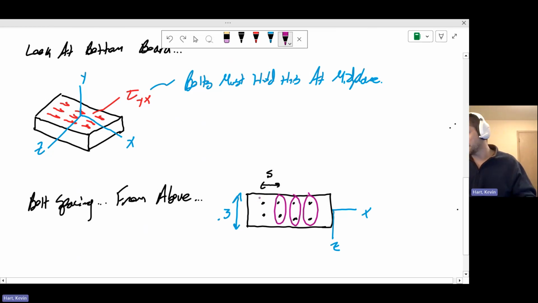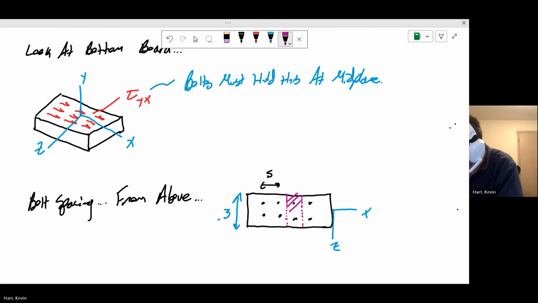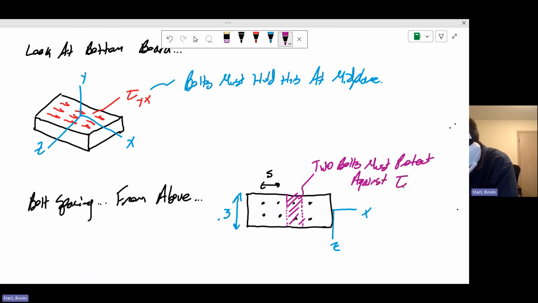What I mean by that is, like, these two bolts here need to protect the shear stress in, let's say, this area here. So the two bolts here must protect against, like, the tau yx here.